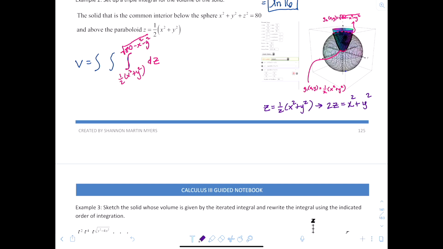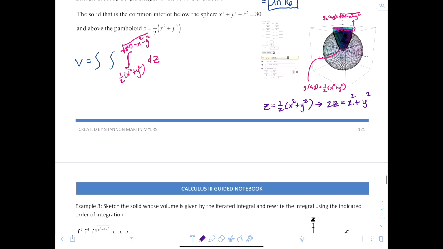Awesome. Now, we also know that x squared plus y squared plus z squared is 80, and that's from our sphere.